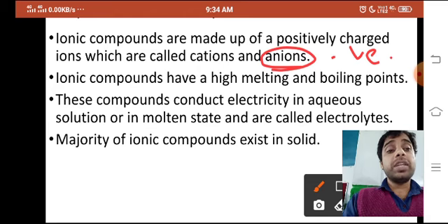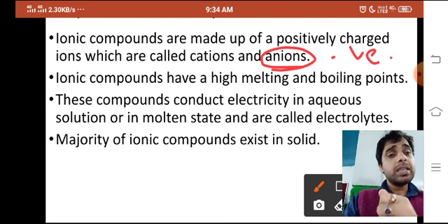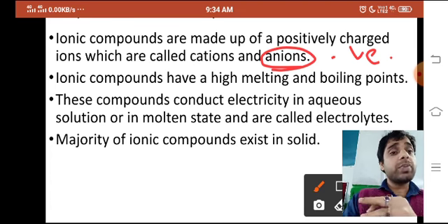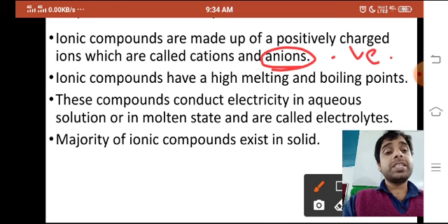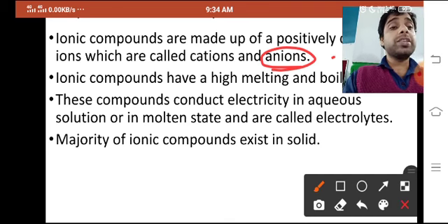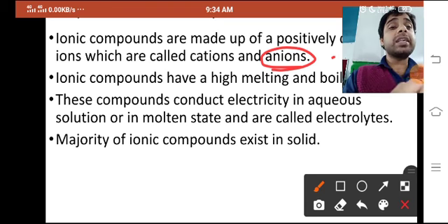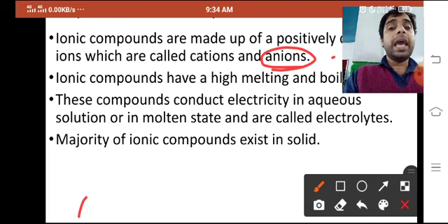In the dry, solid state, the ions are not free to move, and in the liquid state the ions conduct electricity. So in the aqueous state or the molten state, it is considered an electrolyte. What is the meaning of electrolyte? A liquid solution which can conduct electricity is known as an electrolyte.